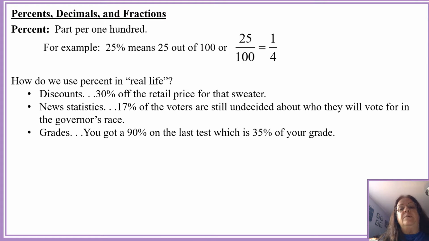Well, that means that 25 out of every 100 people would be over the age of 60. So 25% means 25 divided by 100, 25 100ths. And if we simplify it, that is 1/4. So that's saying that 25% means 1/4 of the population.